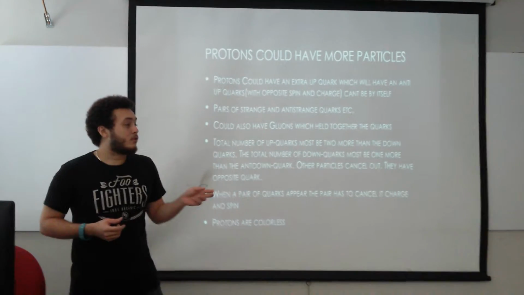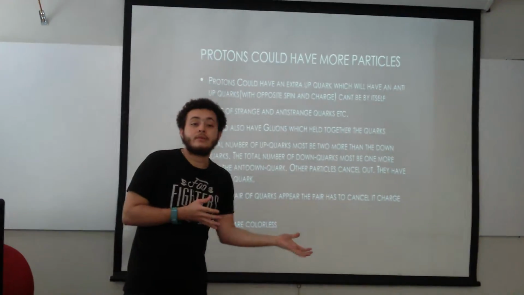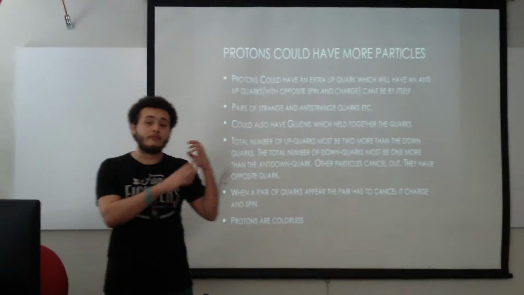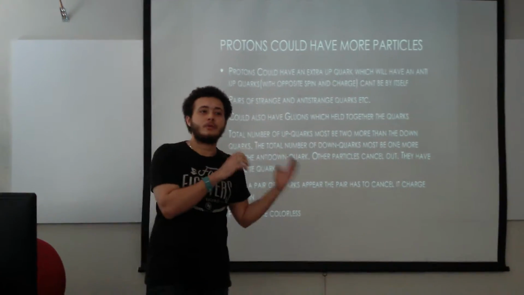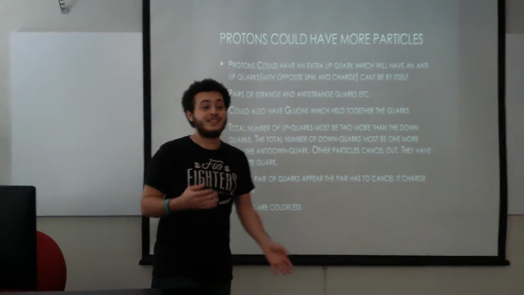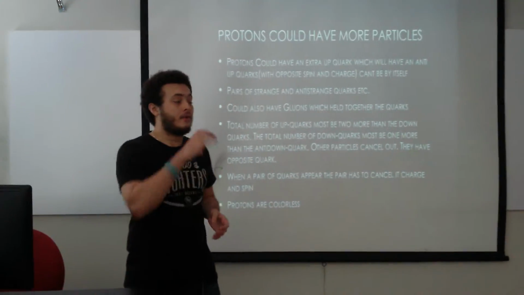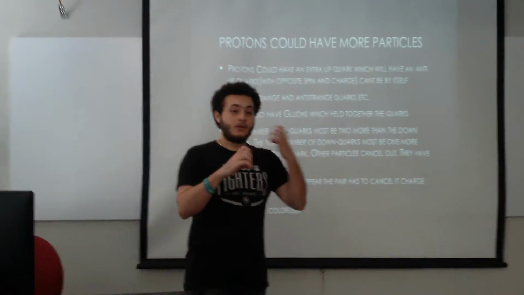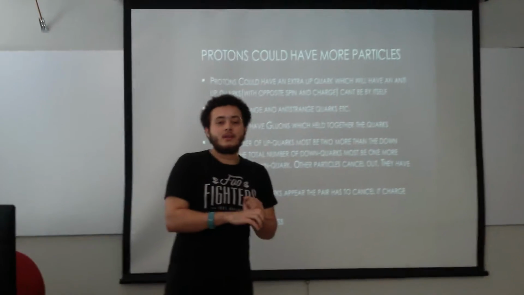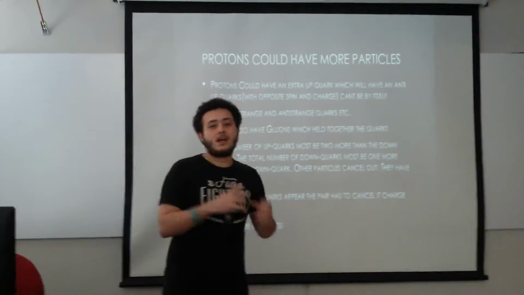And also these protons could have more quarks, such as pairs of strange quarks or pairs of charm quarks. But they don't count because, as we said, they cancel out. You have an antiquark plus a number of quarks, and an antiquark has the same characteristics but in negative. So at the end of the day, they cancel out.